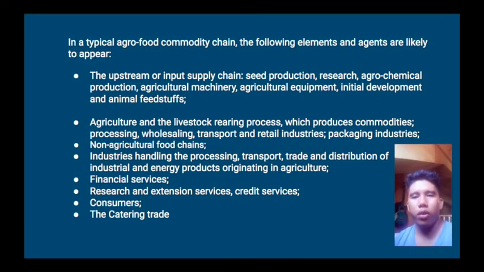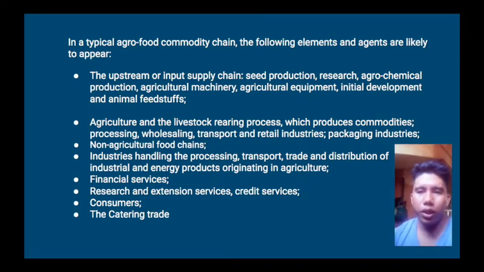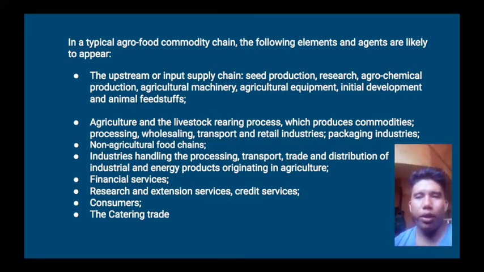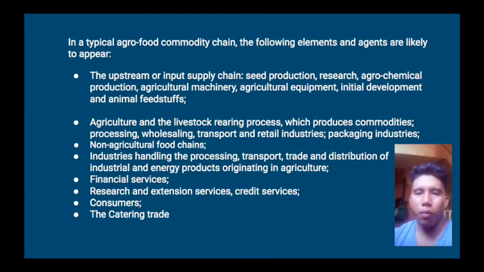In a typical agro-commodity chain, the following agents are likely to appear: the upstream input supply chains, or the input of the business, such as seed production, research, agrochemical production, agricultural machinery, agricultural equipment, initial development of animal feedstock; agricultural and livestock growing processes which produce commodities; processing, wholesaling, transport and retail industries.